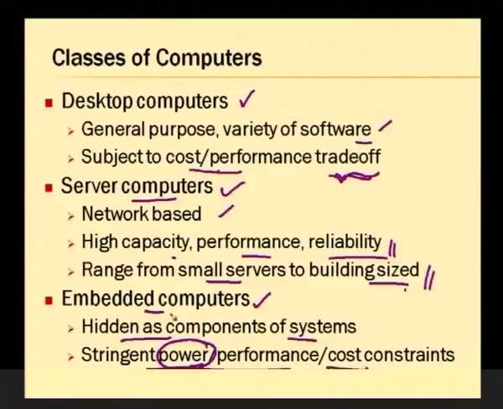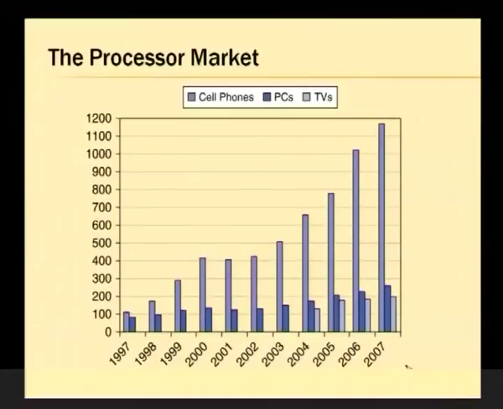So this will give you an idea of the different classes of computers that we are dealing with today. As we said, if you look at the proliferation of these different devices, cell phones, PCs, server computers and so on, and how the market has progressed with respect to these devices, you can take a look at this picture which gives you the trend.